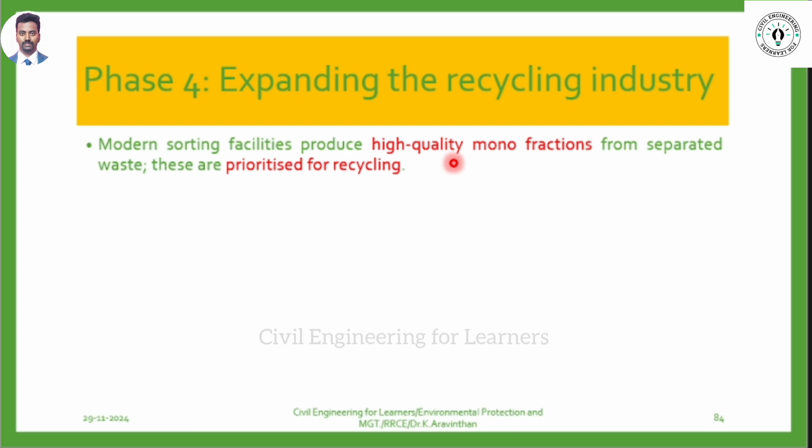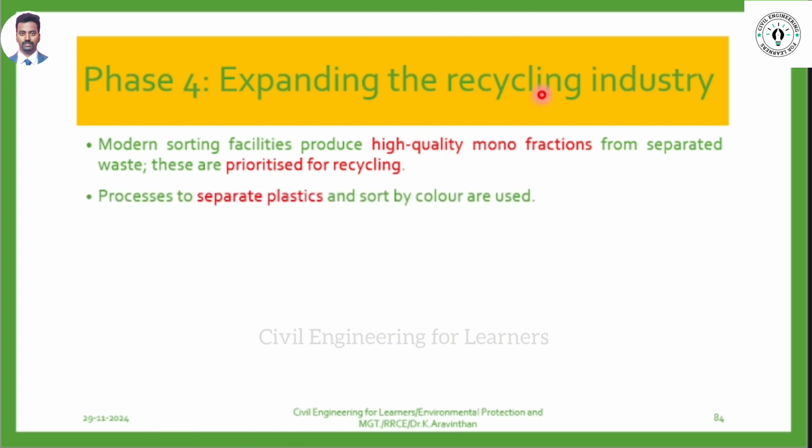One is ordinary cement, second one is fly ash cement. Ordinary cement rate is 370 rupees, but you can buy fly ash cement for 300 rupees. How do they manufacture that cement? By collecting the waste from that steam or thermal power plant. They take the resource from the thermal power plant. So this is how the industry gets expanded.